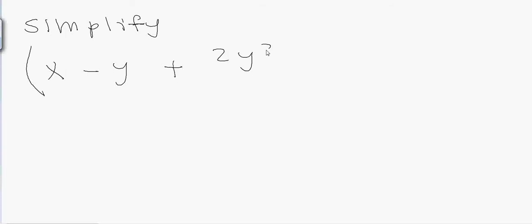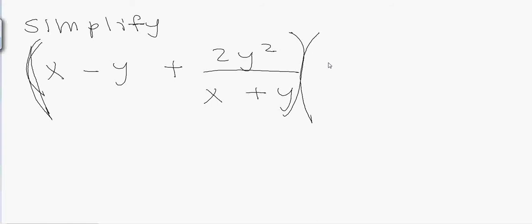So here we have simplify. I want to simplify this: x minus y plus 2y squared over x plus y. Sorry, these two are in parentheses. You're multiplying this whole thing by 1 over x squared minus 1 over y squared.